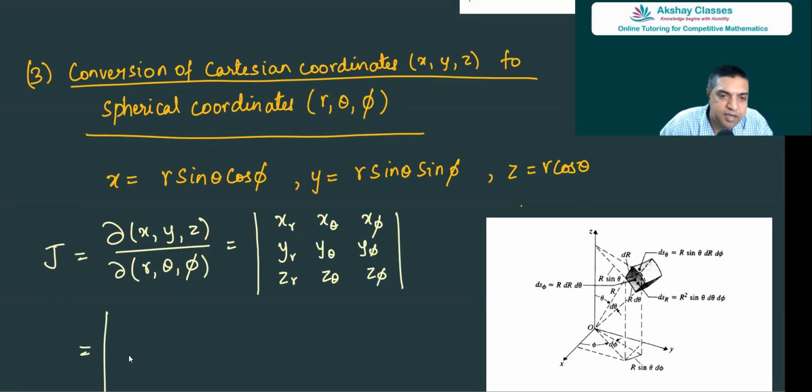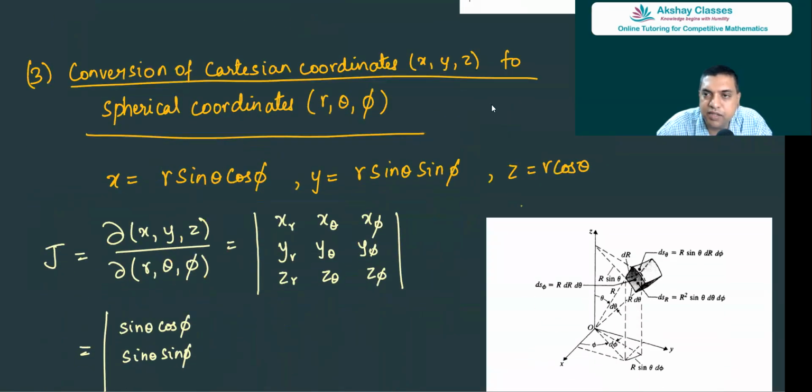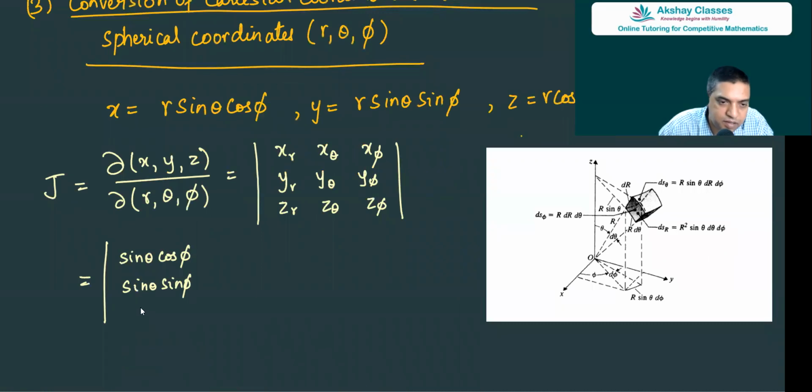And we get a determinant like this, sine theta, cos phi here. Here we get sine theta, sine phi, and derivative of z with respect to r, we'll get cos theta.